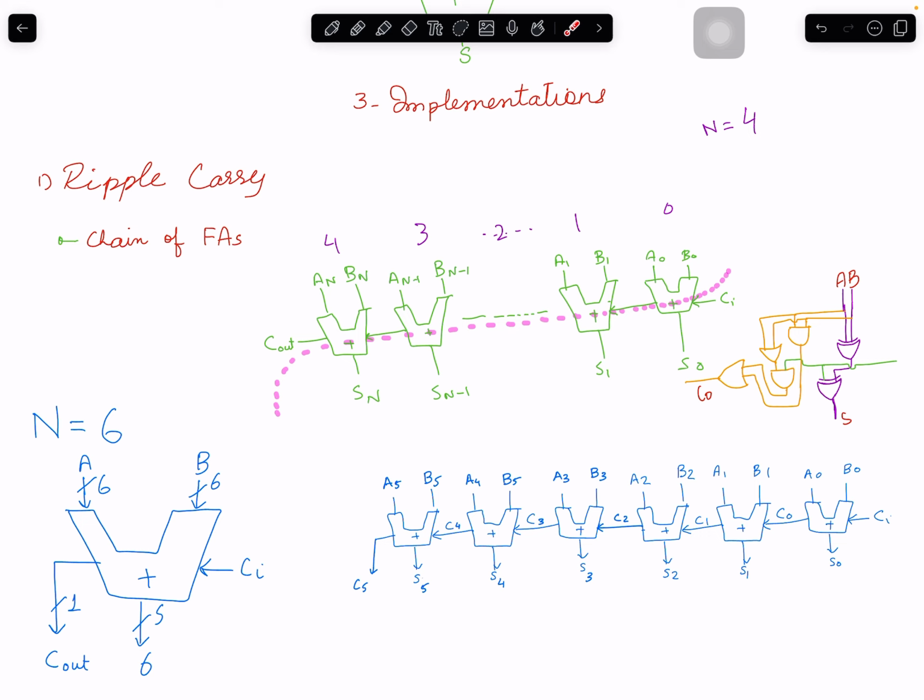I just use a very basic one as a sum of min terms, but very soon we will add another exclusive OR, and we will understand how that is also a correct implementation. But right now, let's stick with what we came up with last time. This was exactly the structure we came up with.